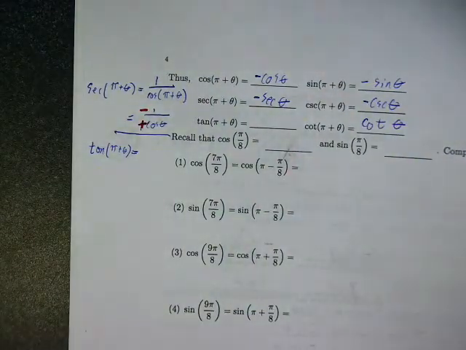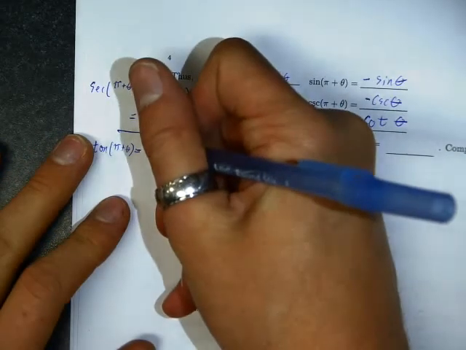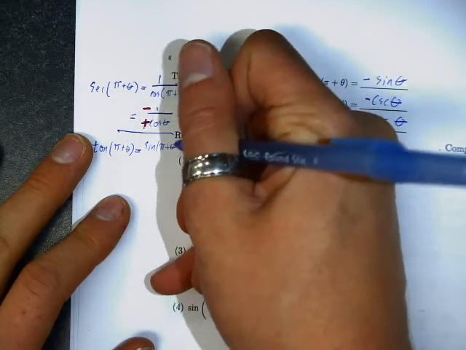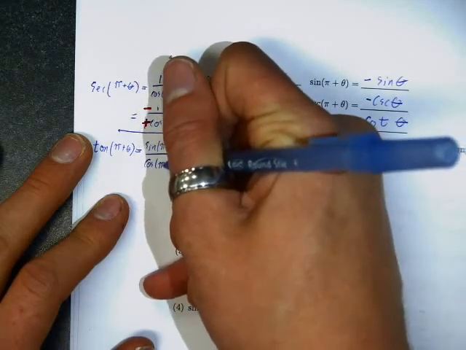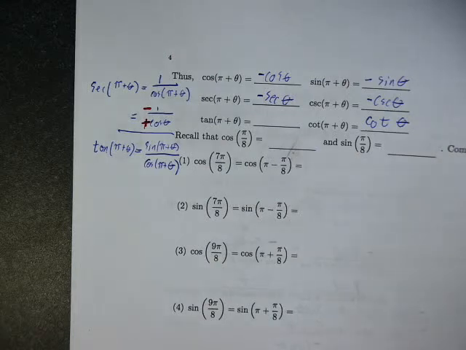So, you know what I'm going to say. What is tangent in terms of sine and cosine? Sine over cosine. So the tangent of pi plus theta is the same thing as sine of pi plus theta divided by the cosine of pi plus theta. And what happens to sine when you replace the angle with pi plus that angle? Makes it negative. What about with cosine?